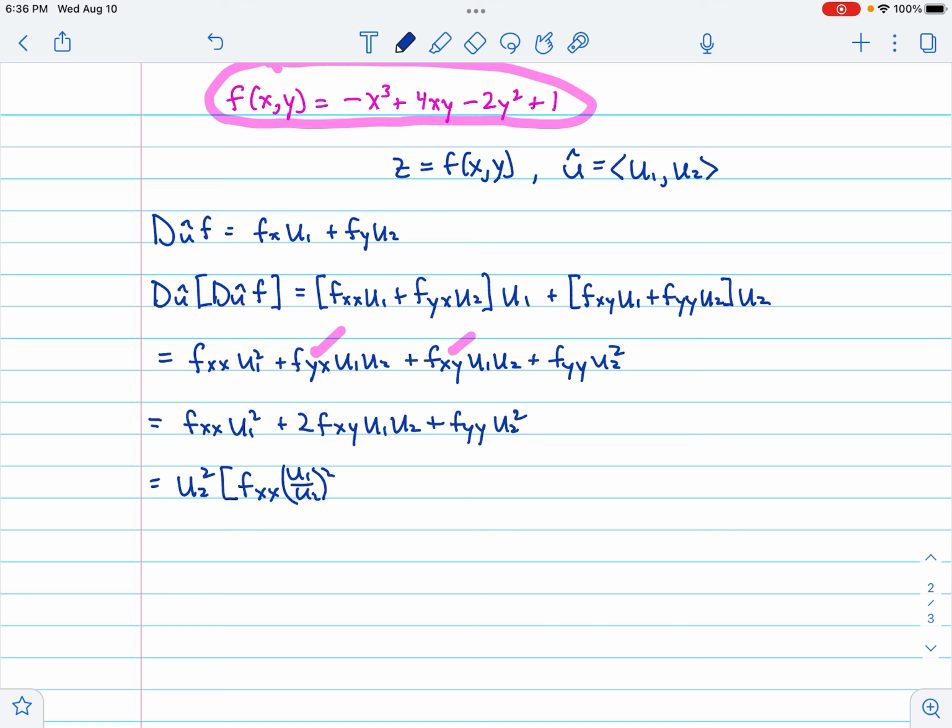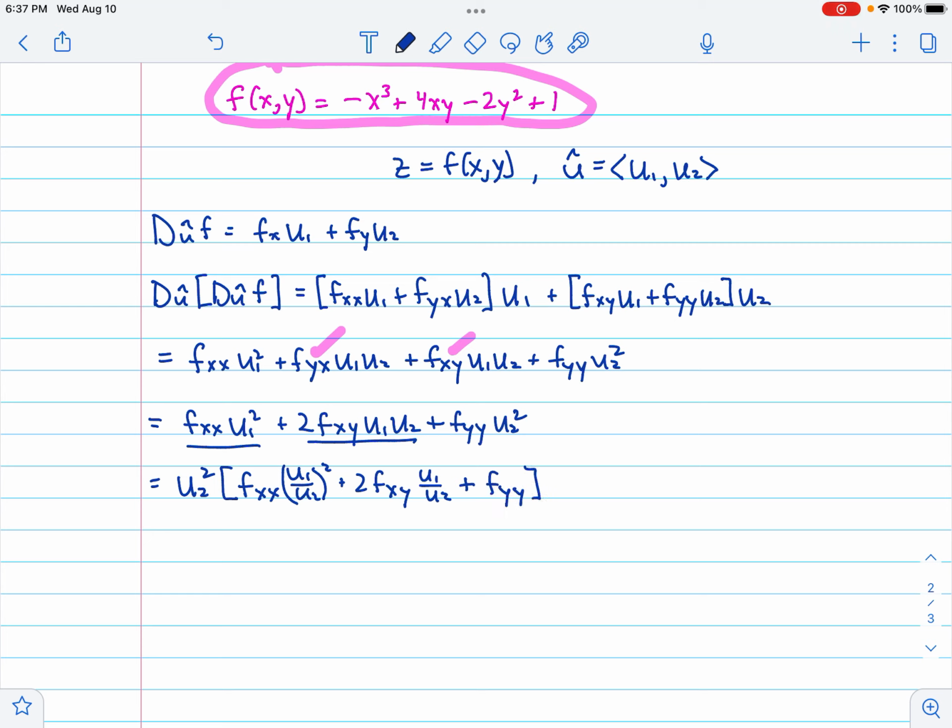Think about that: if I distribute the u2 squared back through, I get exactly what I had here. Now plus 2 fxy u1 over u2. Just make sure it's clear in your mind. If I distribute this u2 squared, I get this back. And then, of course, this here is fyy.